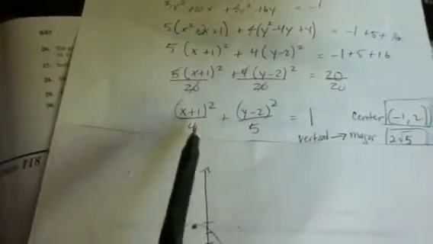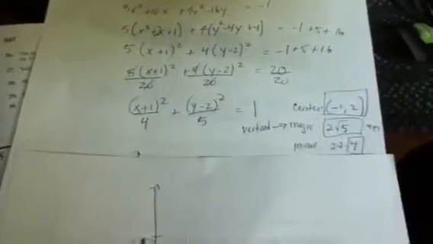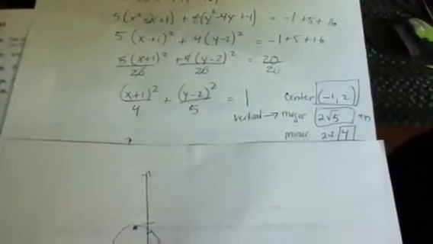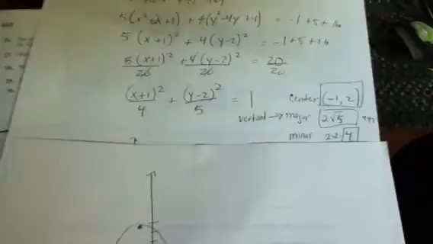Well, if this is a squared, then a is actually, well, that's not even a, because a is the larger one and b is the smaller one, I think. But anyway, the square root of this is 2, and the square root of that is √5. So the length is going to be 2 times √5. The minor axis is going to be 2 times √4, which is 2 times 2, which is 4.